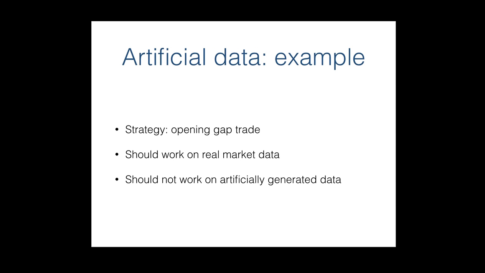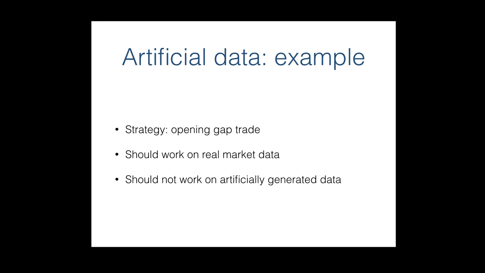Let's consider a simple example that would help us better understand the idea of using artificially generated data for backtesting. Let's suppose that we have a trading system that exploits opening gaps, a simple strategy that used to work in many American markets some years ago and still works in many emerging markets. It's clear that such a system is able to make profits only within a relatively short time window, actually around the market opening.